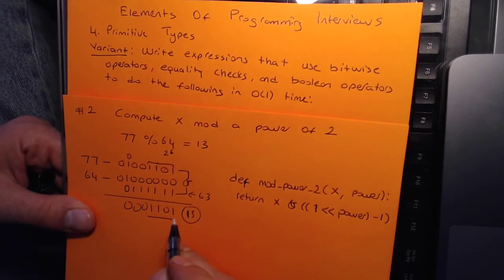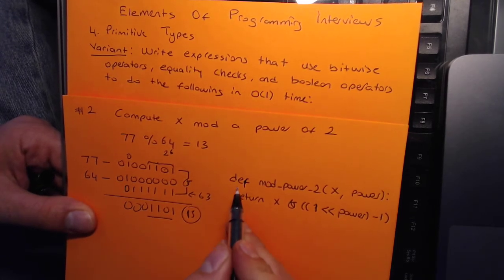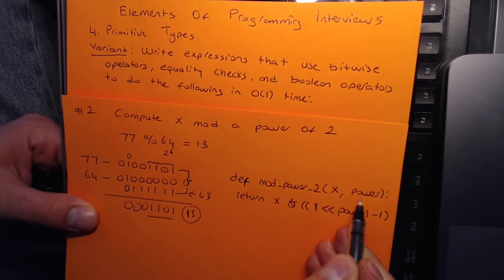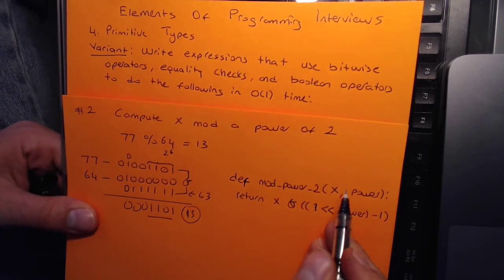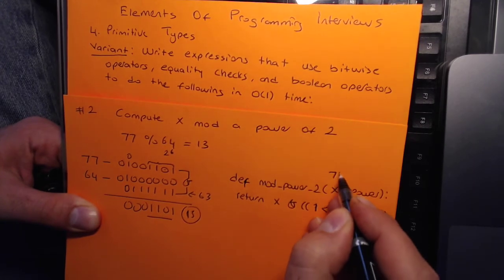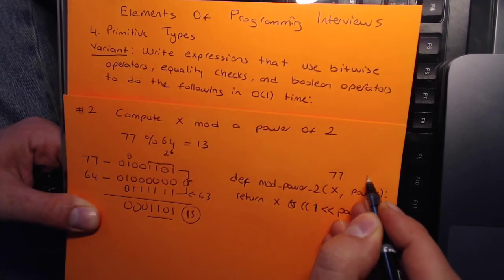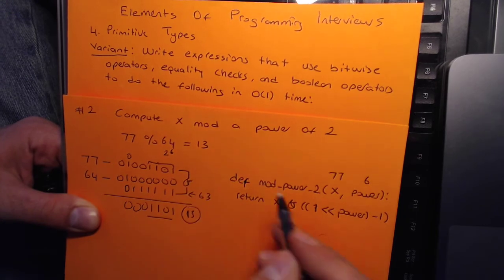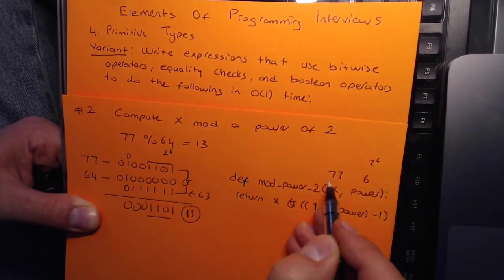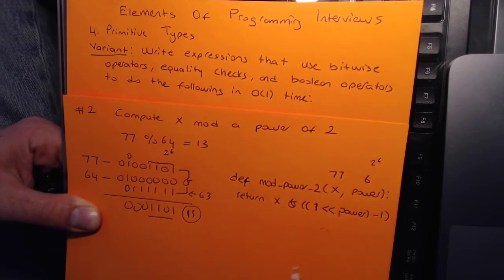So how could we generalize that? Let's write a function, define mod power 2, which will take a number and a power. Let's say in this case we are passed 77 and power 6. 2 to the 6 is 64, and our number is 77.